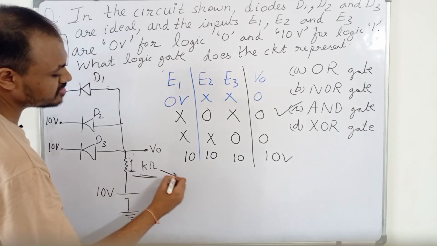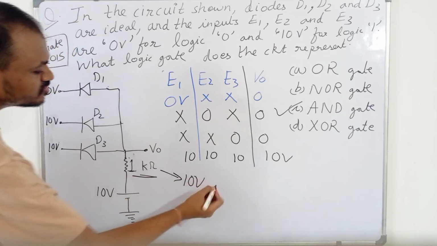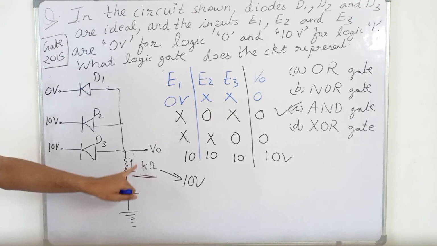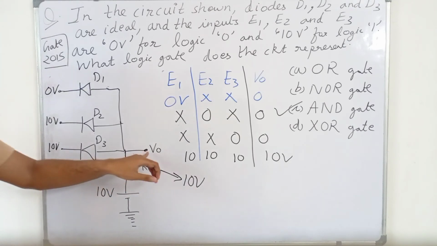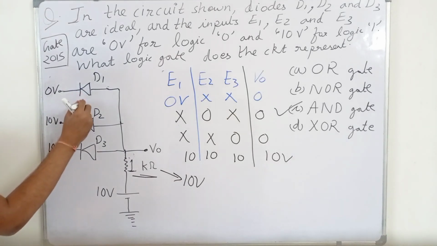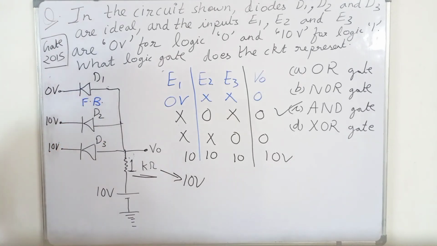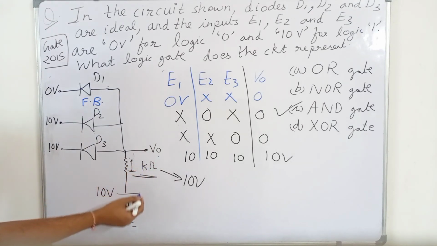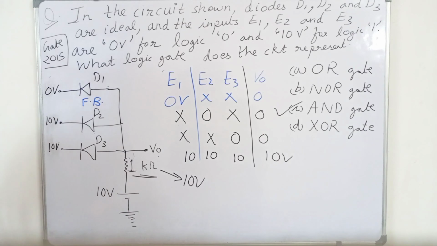If a question asks you that E1 is 0 volt, E2 is 10 volt, E3 is 10 volt, find the voltage drop across the 1 kilo ohm resistor, then V0 will be equal to 0 volt because it is connected to 0 volt through the forward biased diode. Apply KVL here: 0 volt plus the voltage across this 1 kilo ohm resistor plus 10 volt, so the voltage across the 1 kilo ohm resistor is 10 volt. This can also be one of the questions.